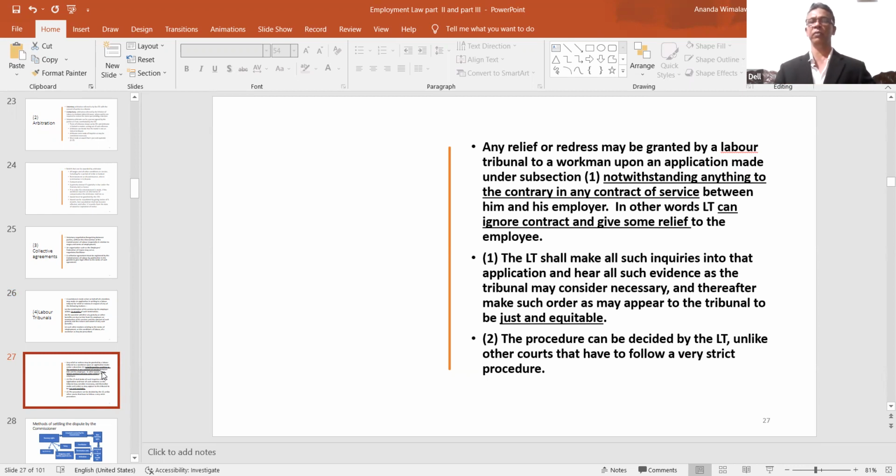Next bullet form, right? Ladies and gentlemen, the labor tribunal can grant relief to a workman upon an application made under subsection 1.